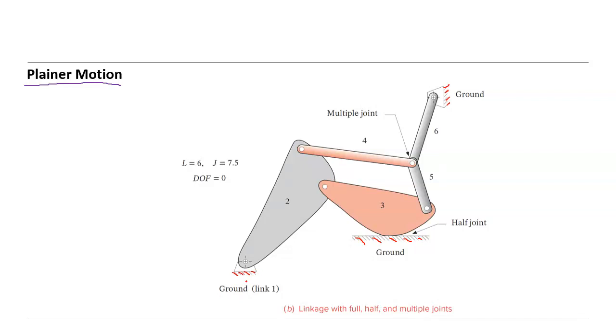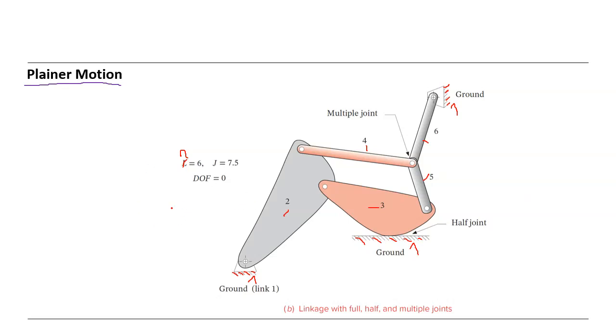We say the grounded is 1, and this is 1, and also here the link 1, and this is here 2 and 3, and this is 4, 5, and 6. This is a 6-bar mechanism. So we have 6. Let's say n is equal 6.